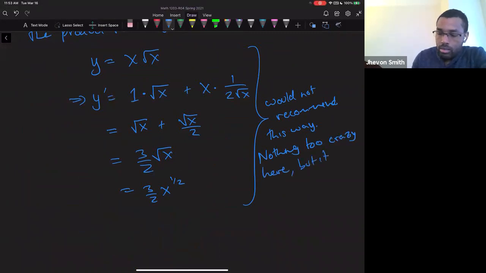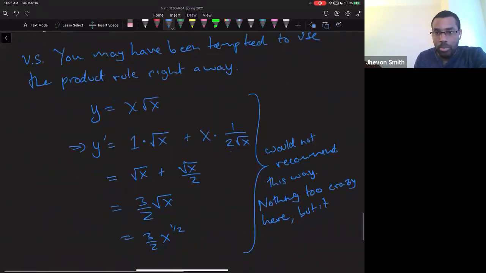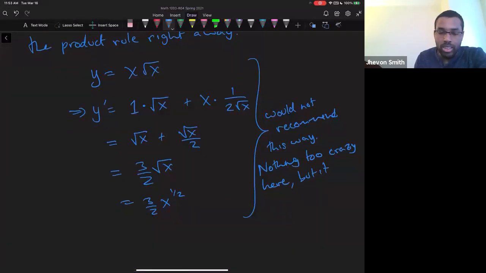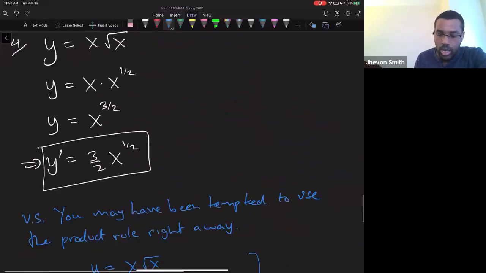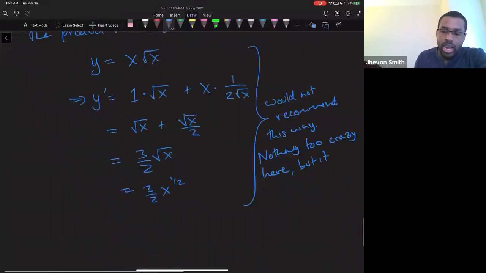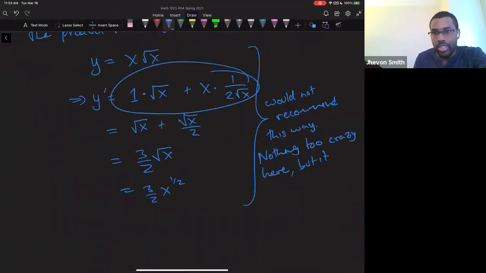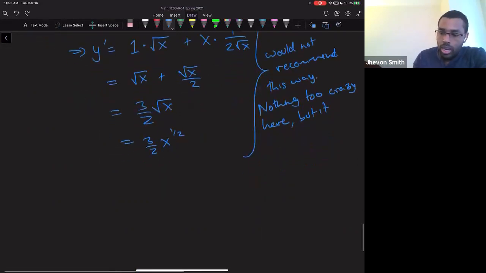But especially if someone knows how to simplify very well and combine those radicals and things of that sort. Because if I was given this on a test, that would be my multiple choice answer, 3 over 2 x to the 1/2 or 3 over 2 radical x. Whereas someone who does the product rule, they have to be able to see that that is actually the same thing, which is a little bit harder. It'll take you a little bit more work.